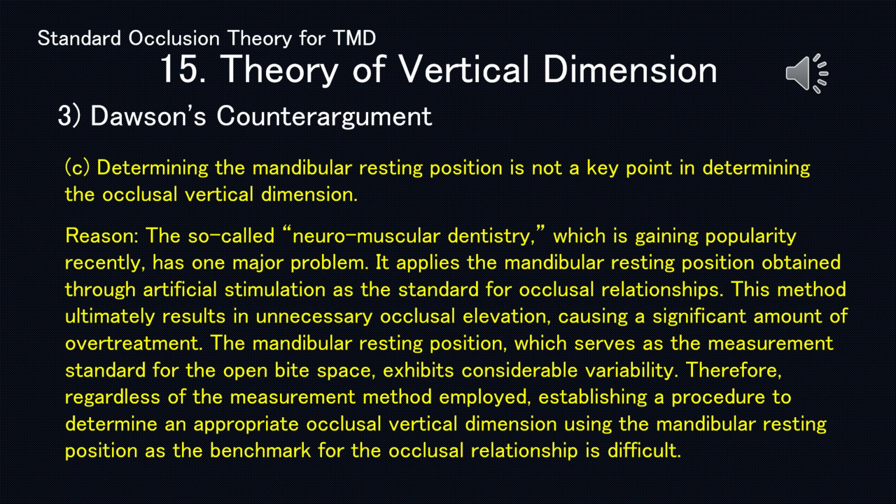This method ultimately results in unnecessary occlusal elevation, causing a significant amount of overtreatment. The mandibular resting position, which serves as the measurement standard for the open bite space, exhibits considerable variability. Therefore, regardless of the measurement method employed, establishing a procedure to determine an appropriate occlusal vertical dimension using the mandibular resting position as the benchmark for the occlusal relationship is difficult.